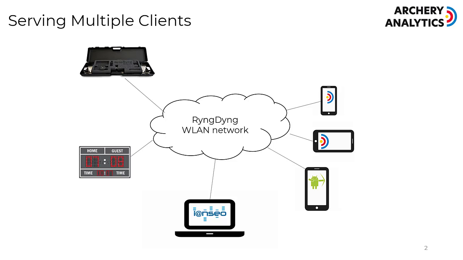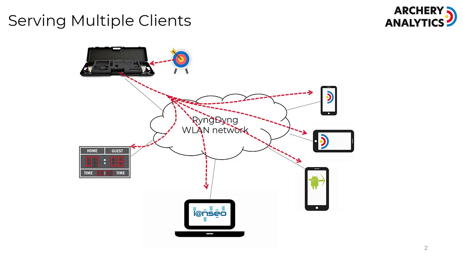So what happens now if an error is detected? First, RyngDyng reads the error position and all the other parameters related to that, and then distributes this information as soon as the result is there in real time to all connected devices simultaneously.